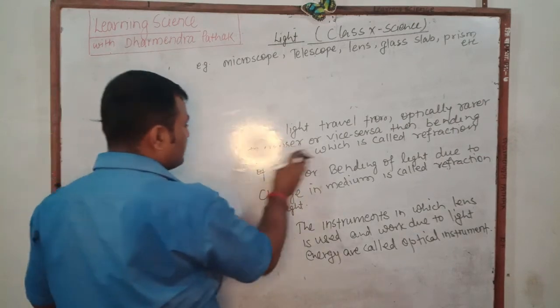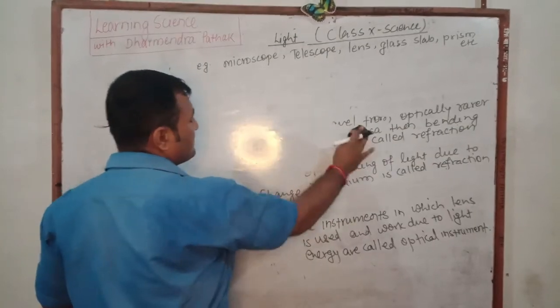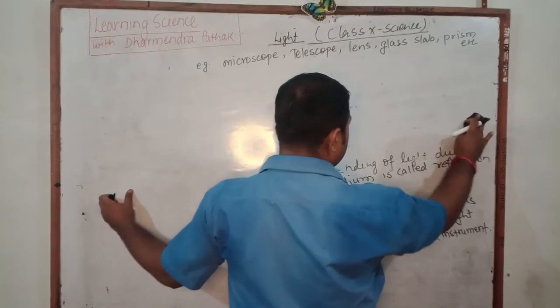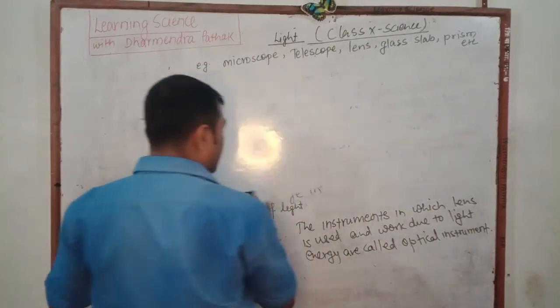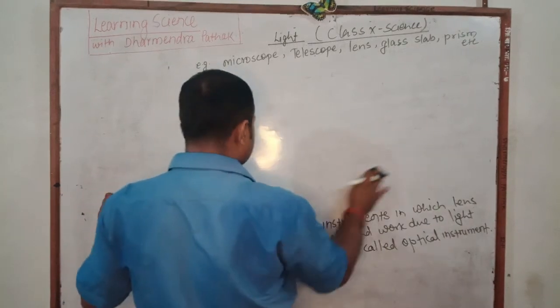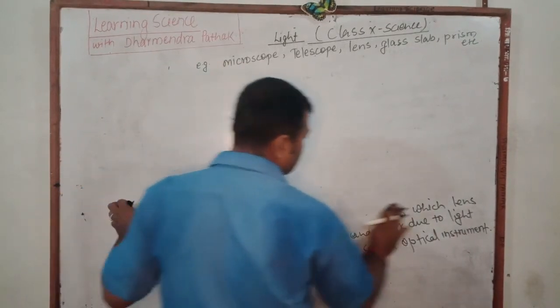And in this chapter we mainly discuss lens, types of lens, and which type of image is formed by different lenses.